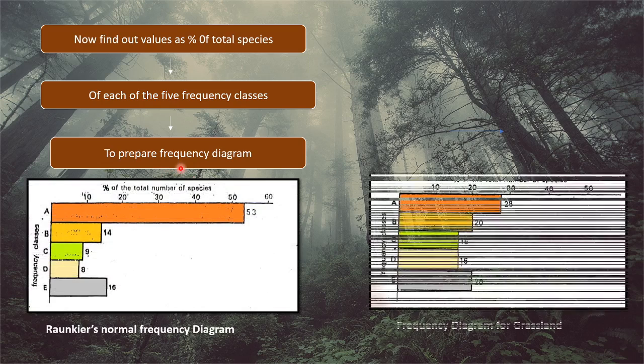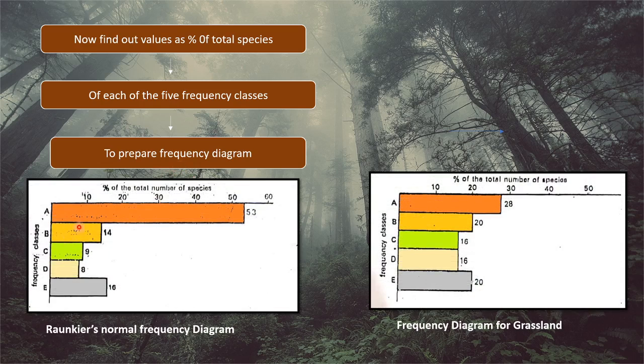See, this is Raunkiaer's normal frequency diagram. This is the diagram given by Raunkiaer, right? We just saw that he has given 5 frequency classes A, B, C, D and E. So these are the 5 frequency classes, and this is the percentage of the total number of species, right? This is given by Raunkiaer.